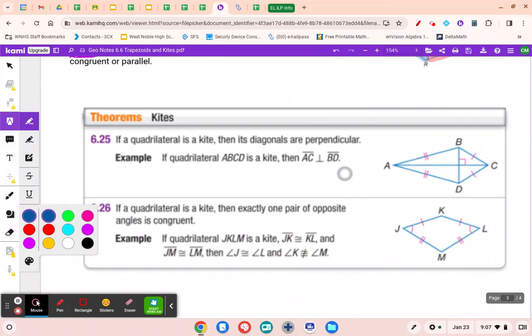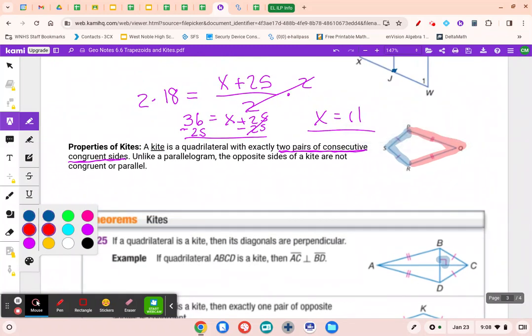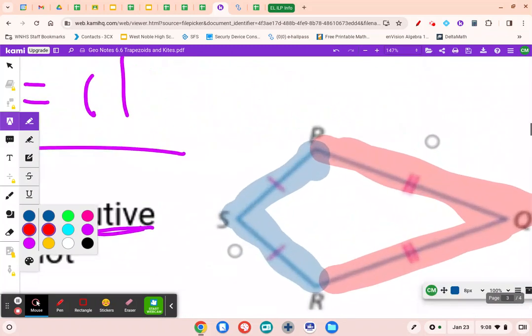If a four-sided shape is a kite, its diagonals cross at 90. Another thing we know, if a quadrilateral is a kite, then exactly one pair of opposite angles are congruent. So not both pairs, but one specific pair. That pair is the pair between the consecutive congruent sides.